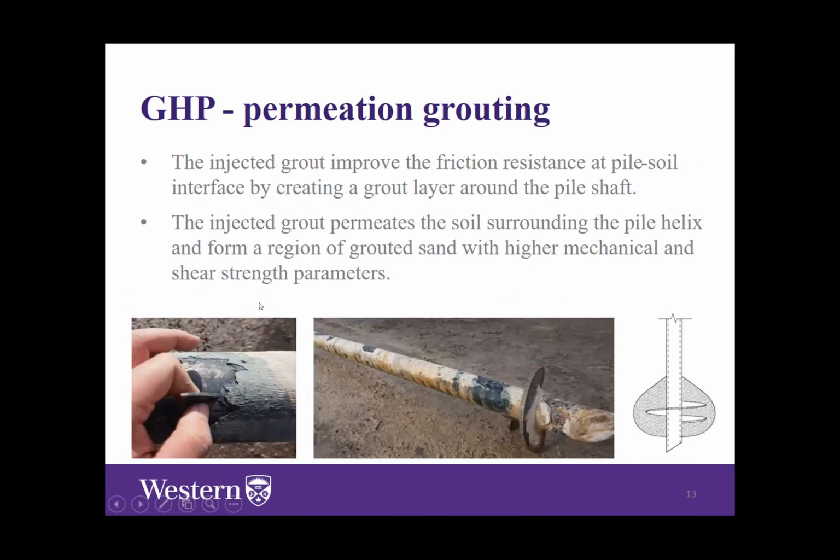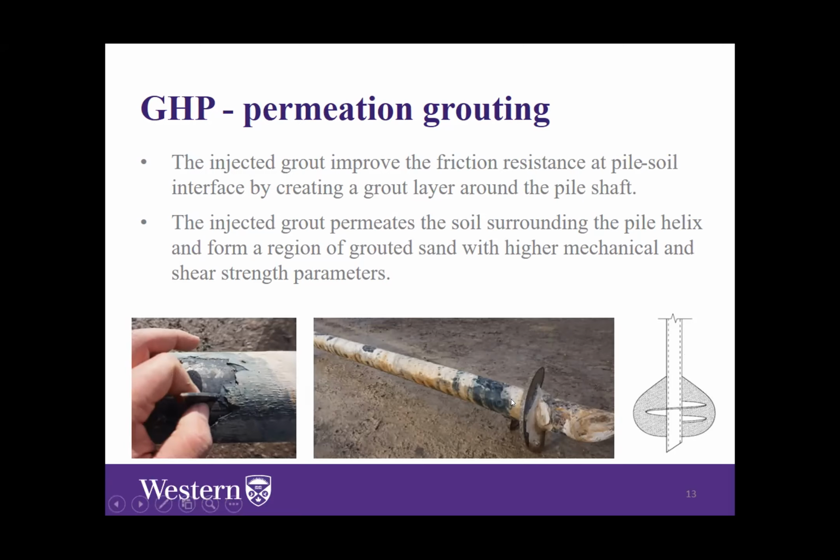We dug around the pile and extracted it, and we found that a bulb of grouted sand is created around the pile helix, as we can see here. This grouted sand bulb has higher mechanical and shear strength parameters, which improve the bearing resistance of the pile helix.